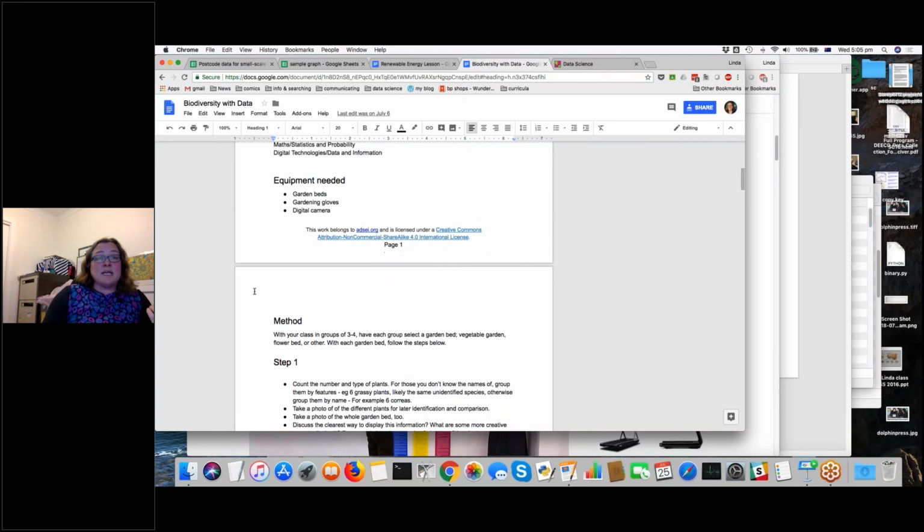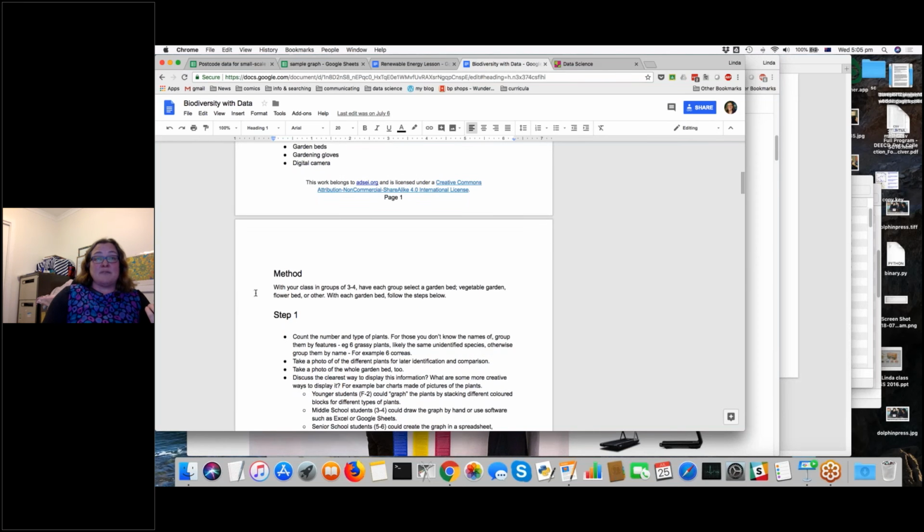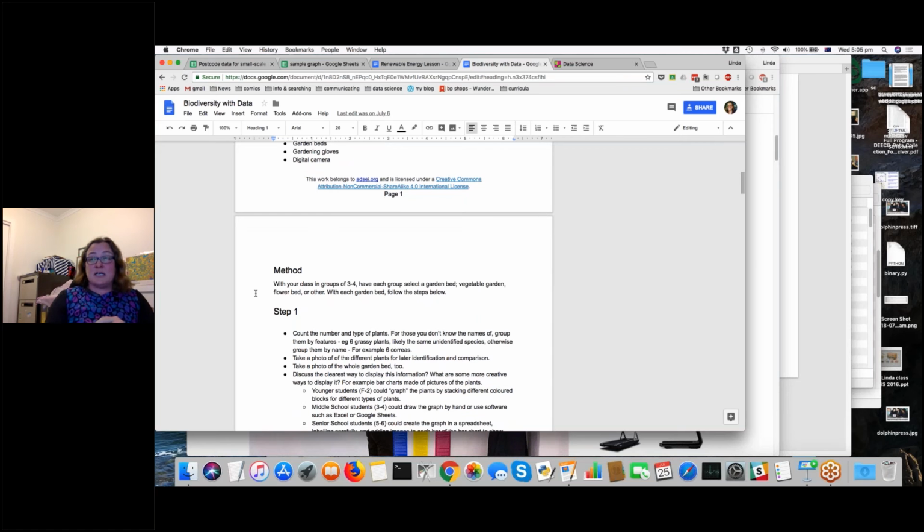So they're starting out by counting the number of and type of plants in a particular garden bed, and you'll have a whole lot of groups of students. You could do this across the entire school and have each class focus on a particular garden bed, or you could, within one class, have groups of 3 to 4 picking different garden beds.